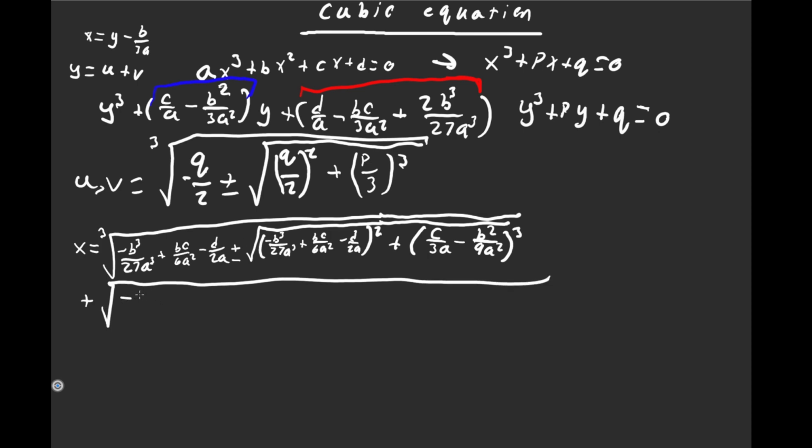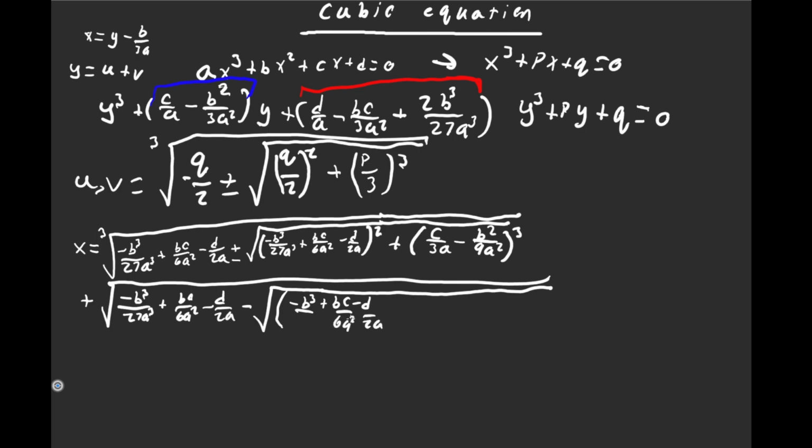So we can see the sign b cubed over 27a cubed plus bc over 6a squared minus d over 2a, minus everything I just wrote down, all squared, minus b cubed plus bc over d, and then we'll just do 2a, 6a squared, 27a cubed.